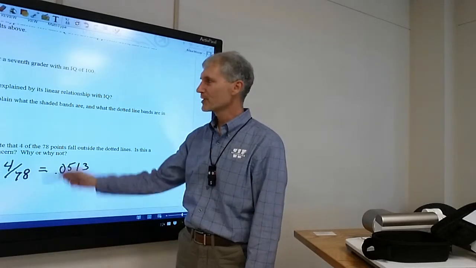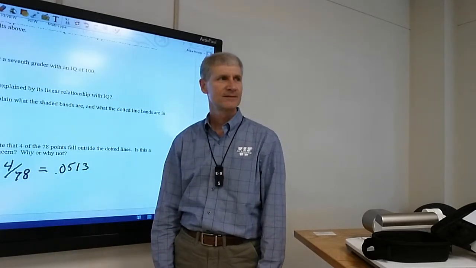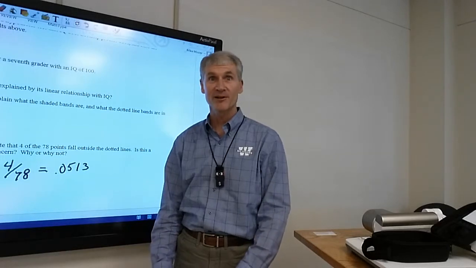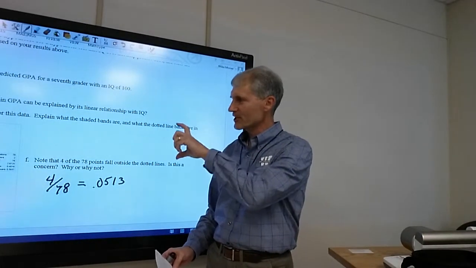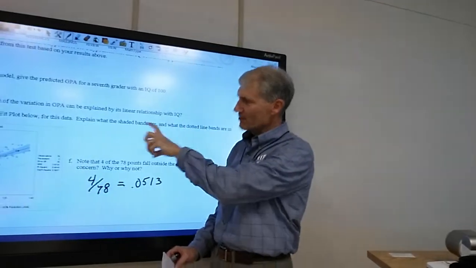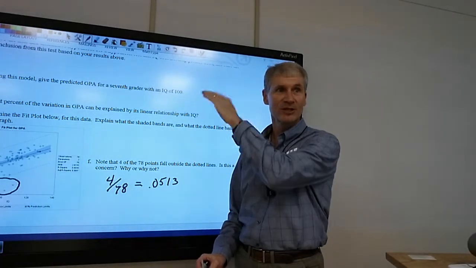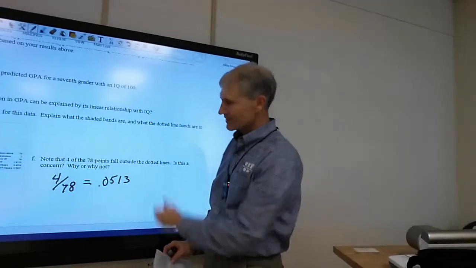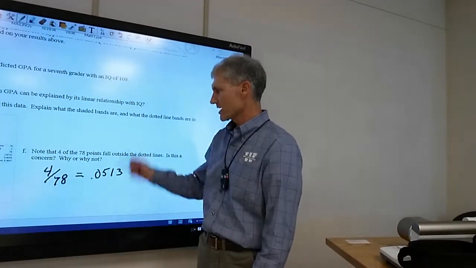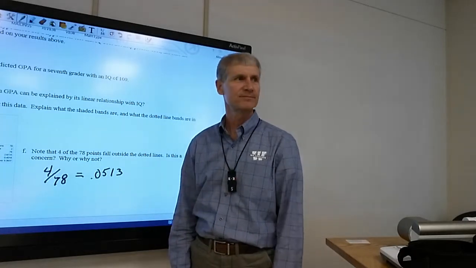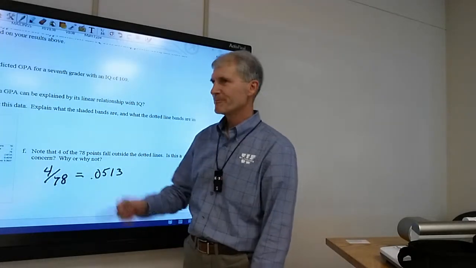What's the definition of prediction interval? 95% of the population should fall within those prediction intervals. That's exactly what we got. So my thought was, no, it's not a concern. I expect to get about 4 of them out. Right? So that's not an issue.